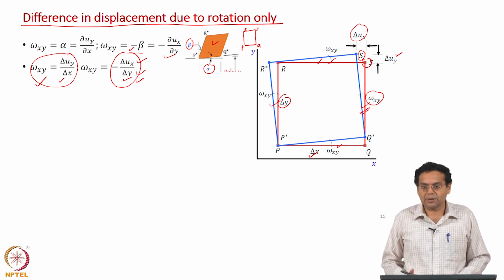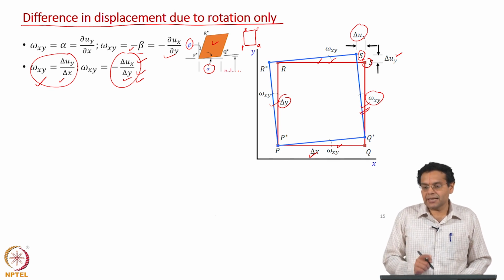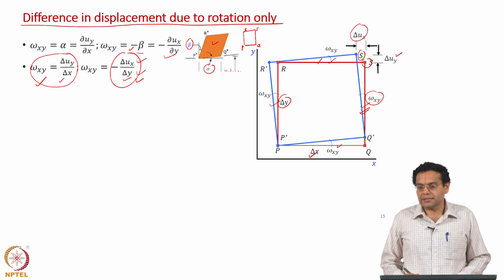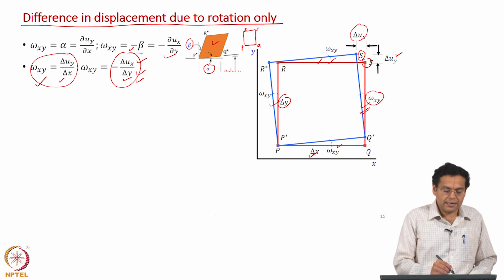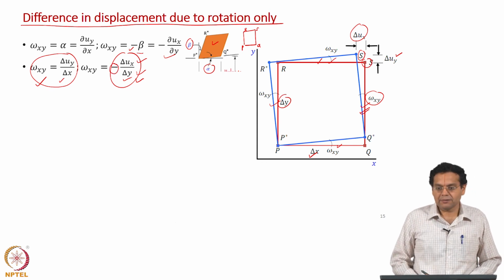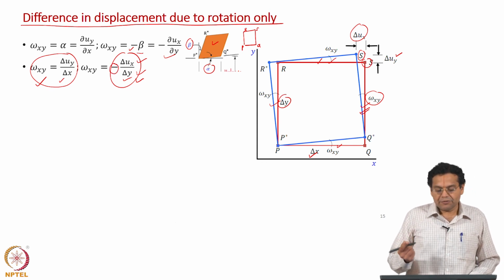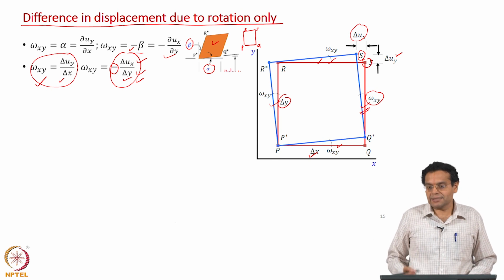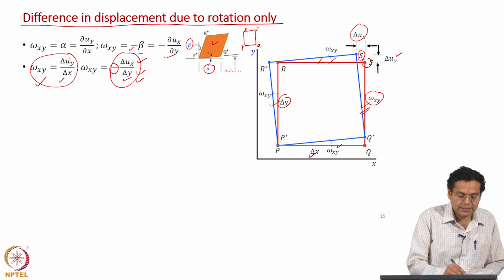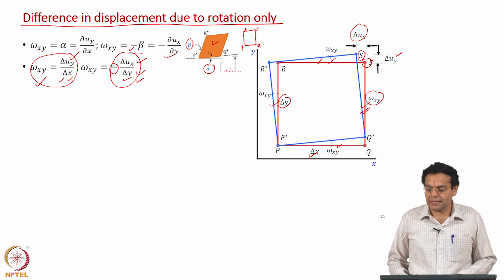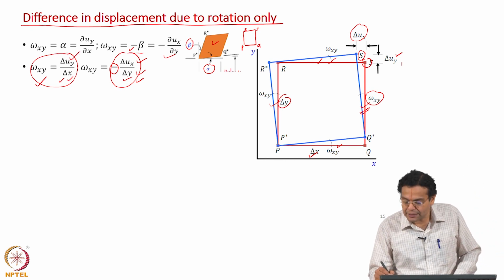In this particular example S star is the final state, S is the initial state, and that has moved along the negative x axis. To account for that we have the negative sign. If both are along the respective positive axes, then the negative sign is not required, as we have in the case of delta uy by delta x, where S moved vertically up.